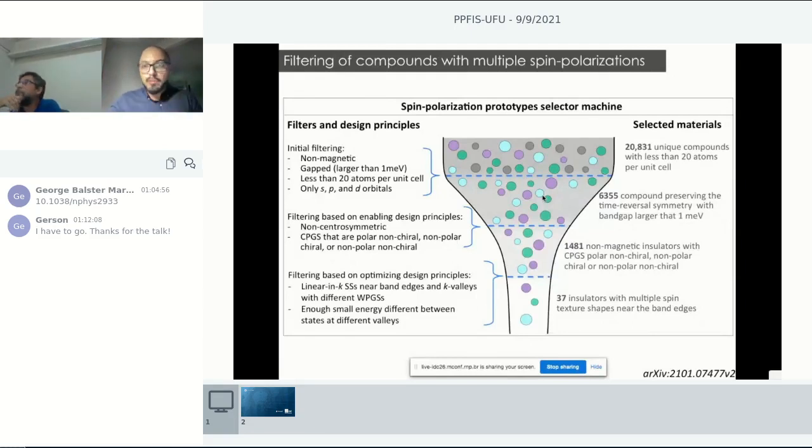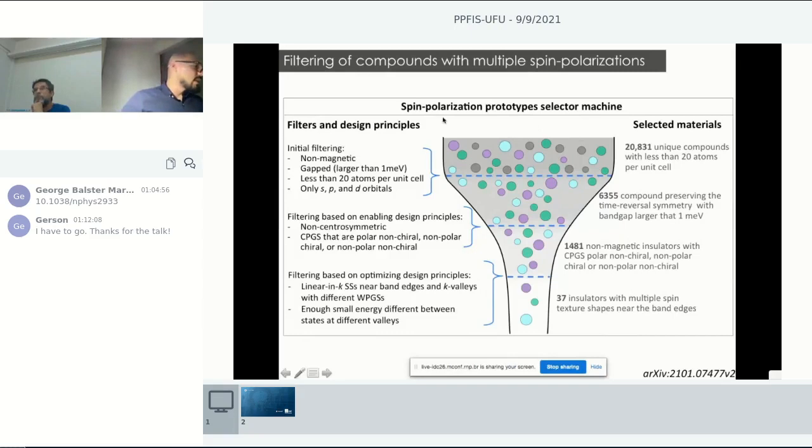So we tried to do that. We essentially took a very big database of almost 21,000 compounds, and we tried to find compounds with this kind of behavior, I mean, multiple spin textures that are close to each other in energy.